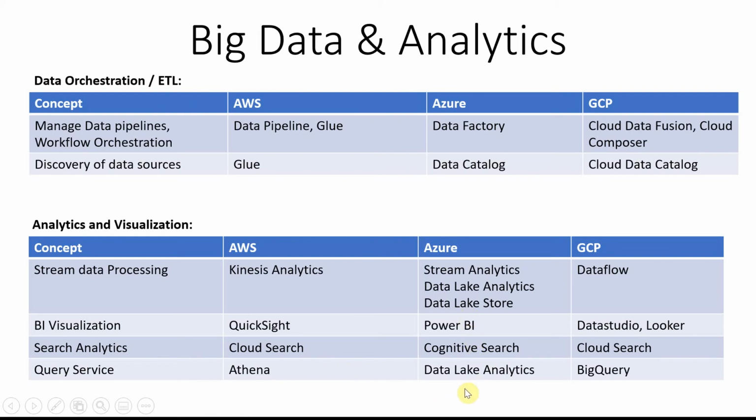Same thing in Azure, it is Data Lake Analytics. GCP is all BigQuery, which is a more powerful tool. It can support structured and unstructured data, and it can look for your filtered data across petabytes of data in a fraction of a second.